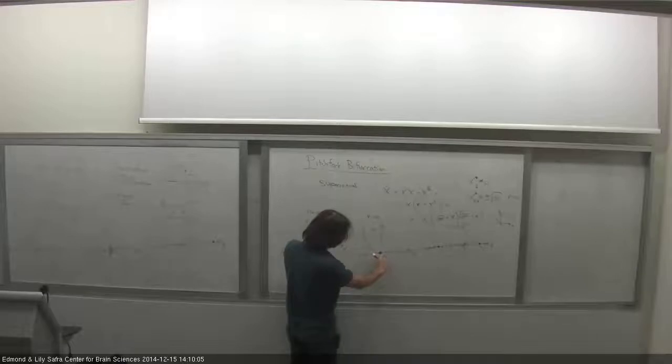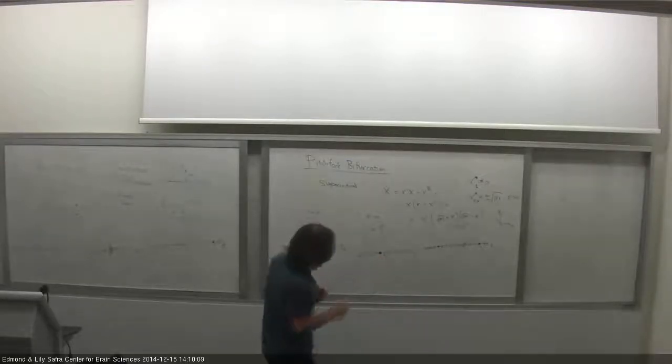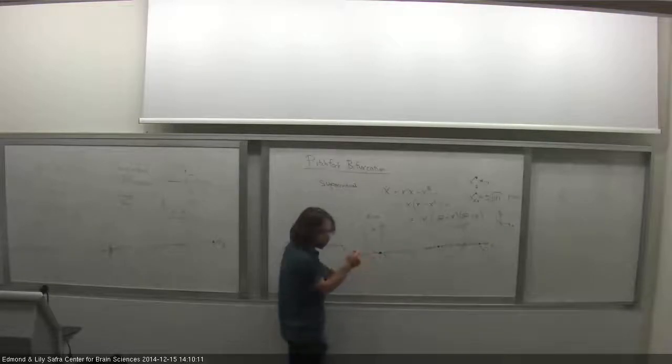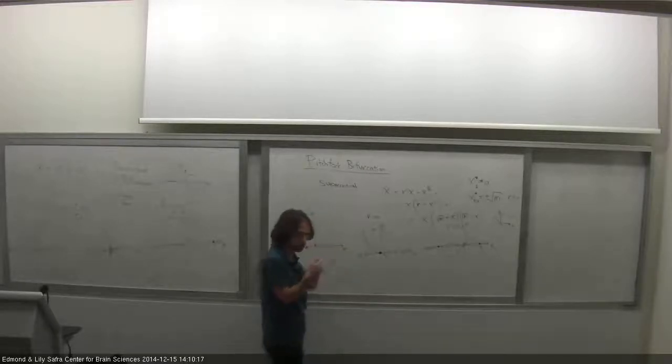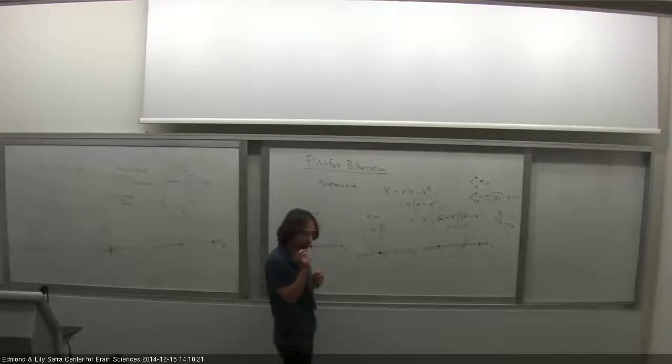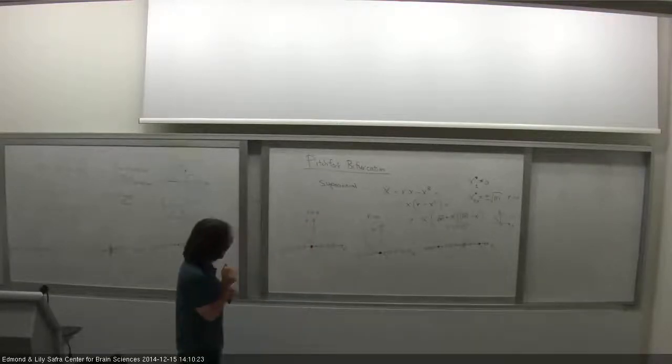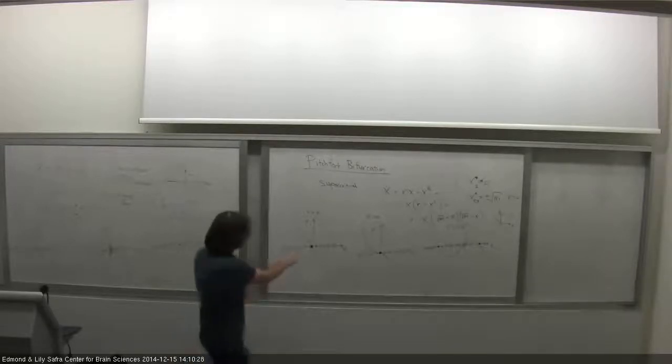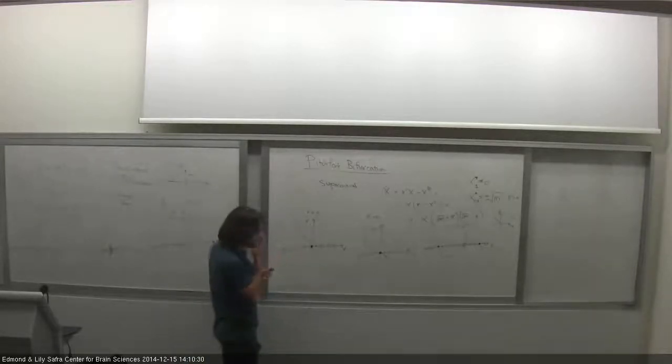So here the slope of the curve is 0. You can imagine that these arrows marking the rate of the decay become smaller and smaller as you go into the fixed point. They are very minute. What's the difference to here?